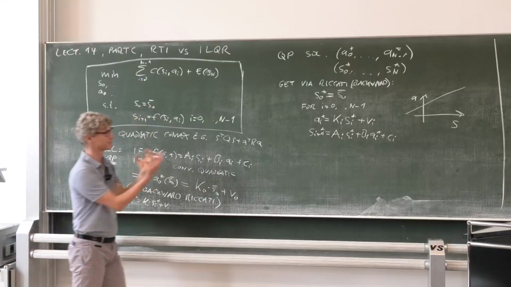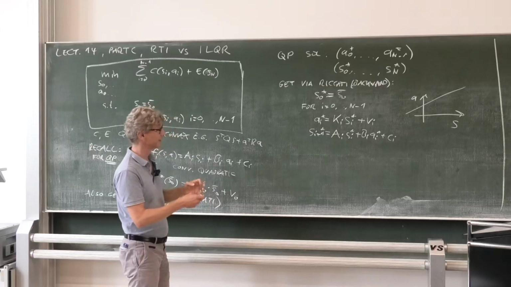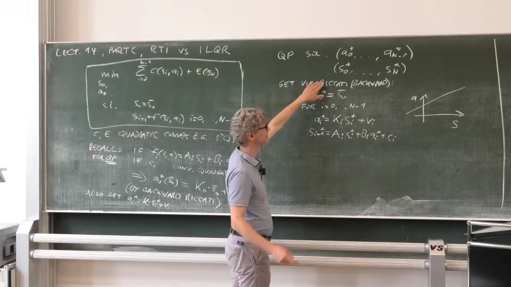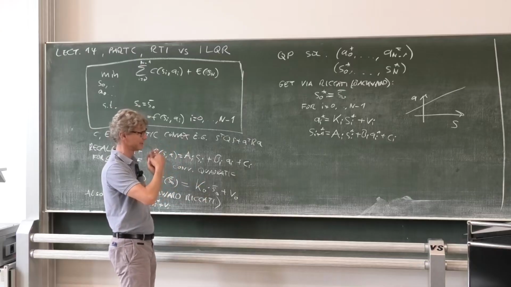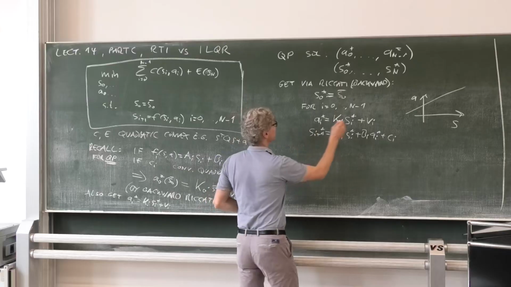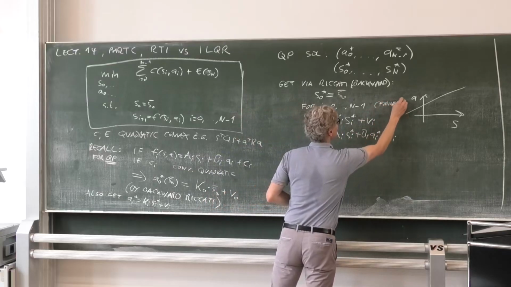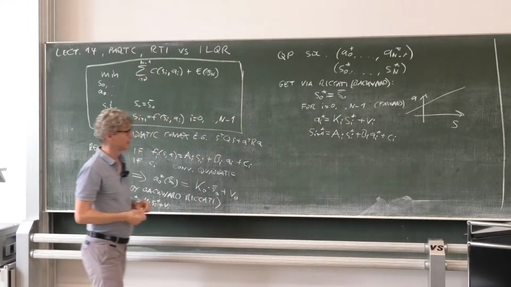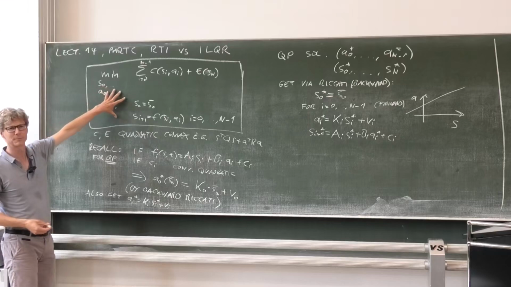But this is like how it's boiled down to the states. And there's a very elegant way to compute it by the Riccati recursion, which is just a backward pass first, and afterwards this is a forward pass actually. I call it forward because you need a forward pass here. And okay. So in that sense, for linear quadratic problems, we know how to solve it.